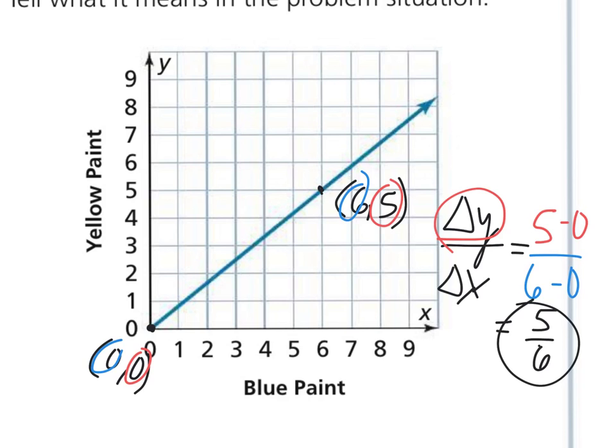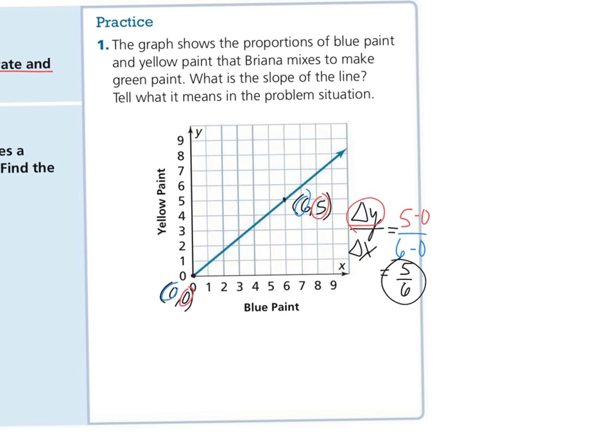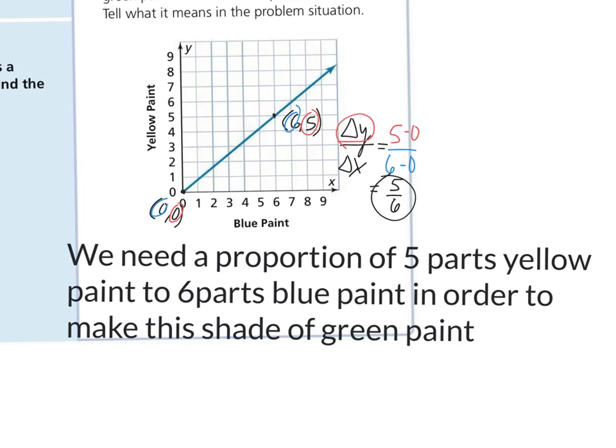Then the question is also, what does it mean in the problem situation? One way of looking at this, you could say we need a proportion of 5 parts yellow paint to 6 parts blue paint in order to make this shade of green paint. They didn't tell us what we're talking about. If we're doing a large amount, maybe we're talking about gallons of paint. So another thought might be 5 gallons of yellow paint and 6 gallons of blue paint we could combine to make this shade of green paint.